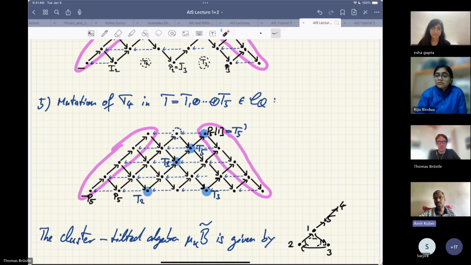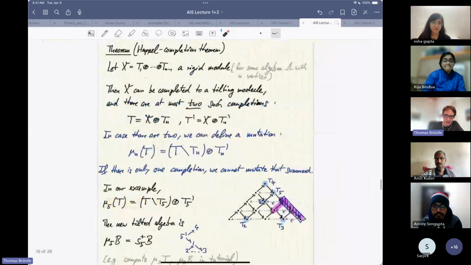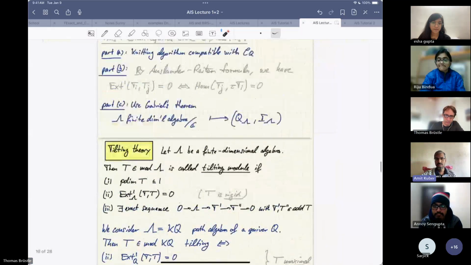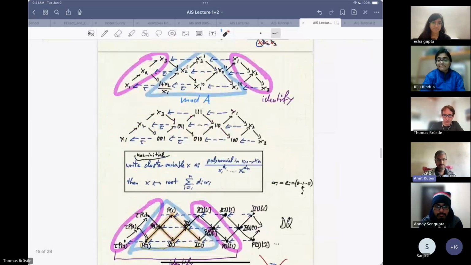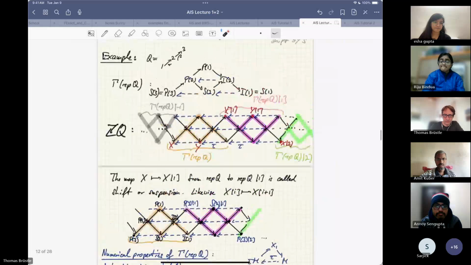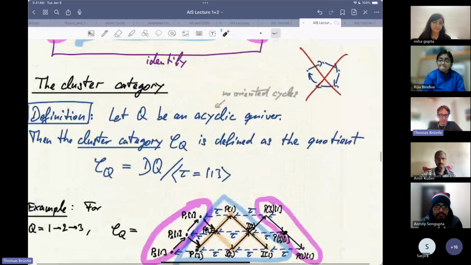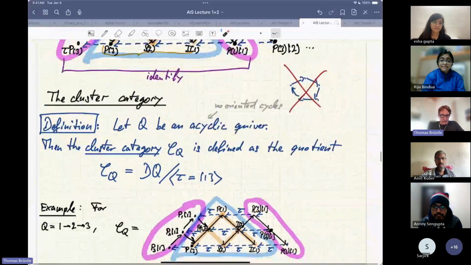And how much of this theory holds for bound quivers? You are assuming Dynkin diagrams for a lot of results.